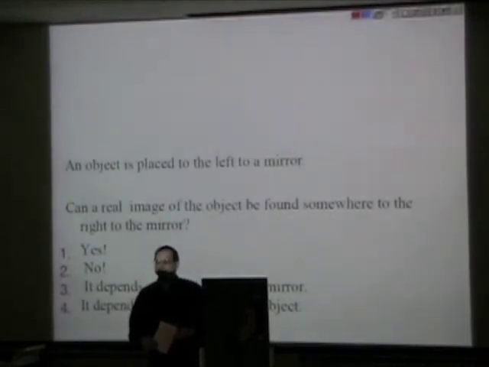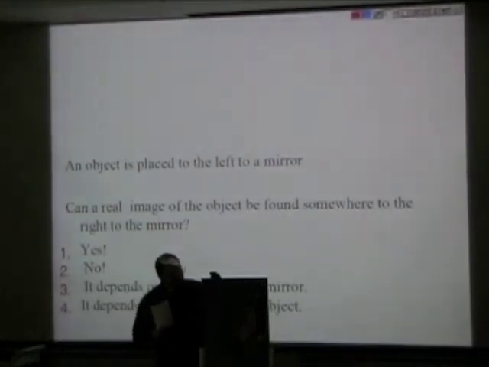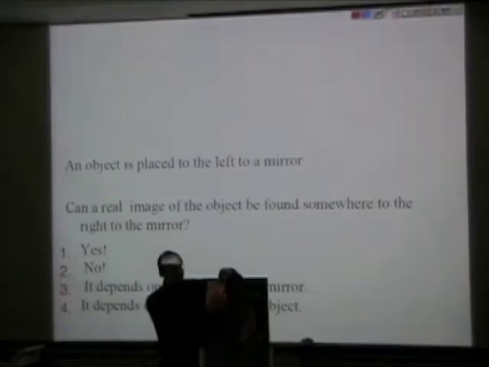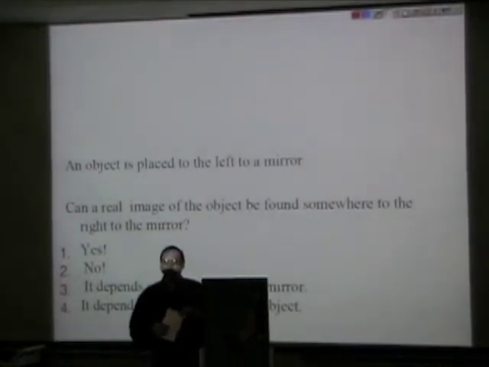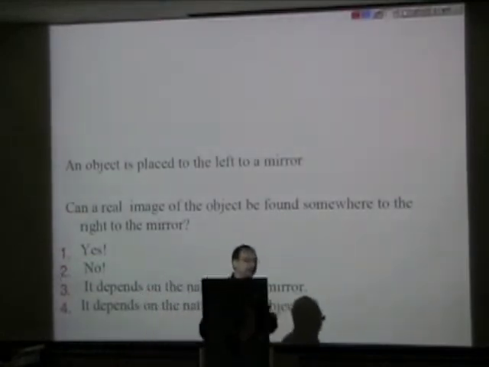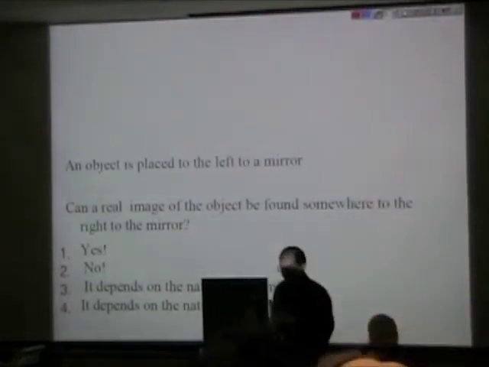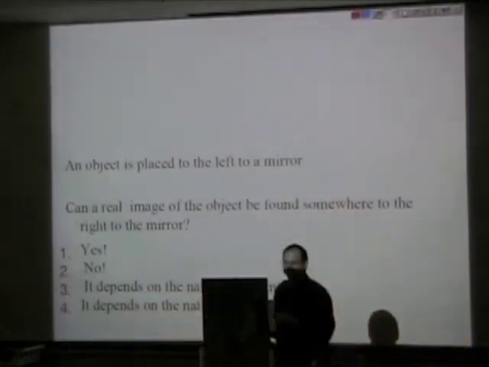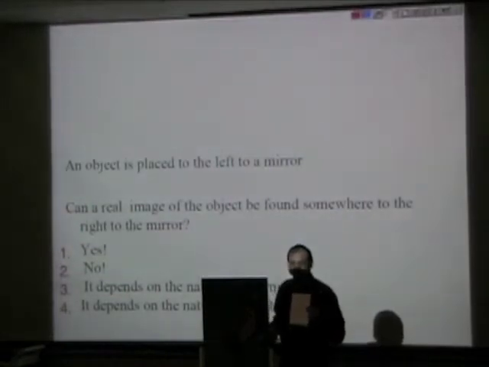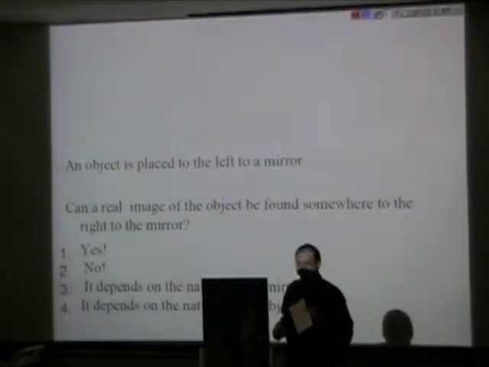I could use a photocell which detects light. Instead of a photocell, I could place a screen. And if I see light on the screen, that means a real image could at least be formed there on that screen. If I place the screen behind the mirror, since there is no light behind the mirror, a real image cannot be formed there. Because again, remember, the real image must be formed by actual light rays.